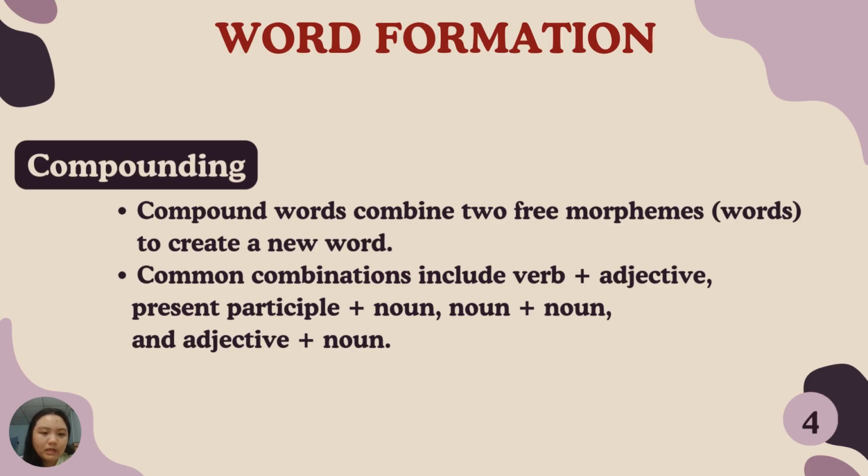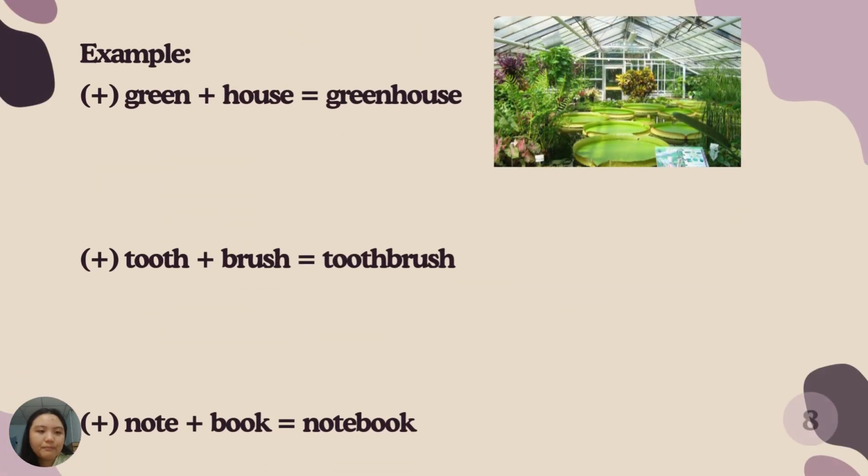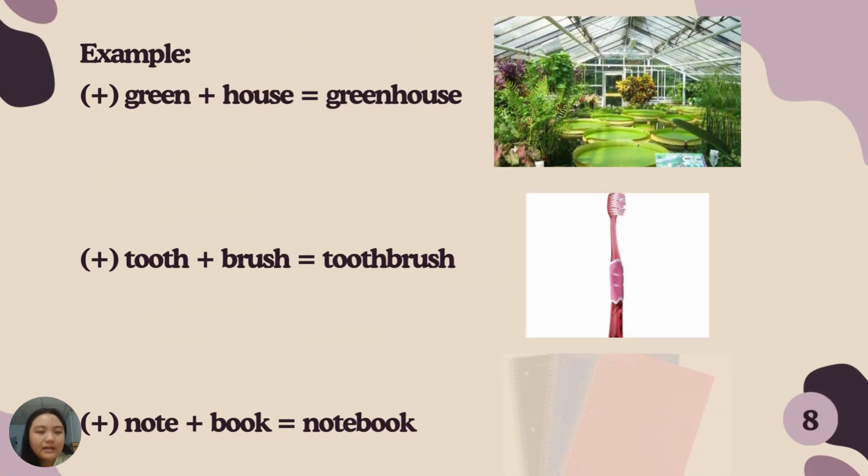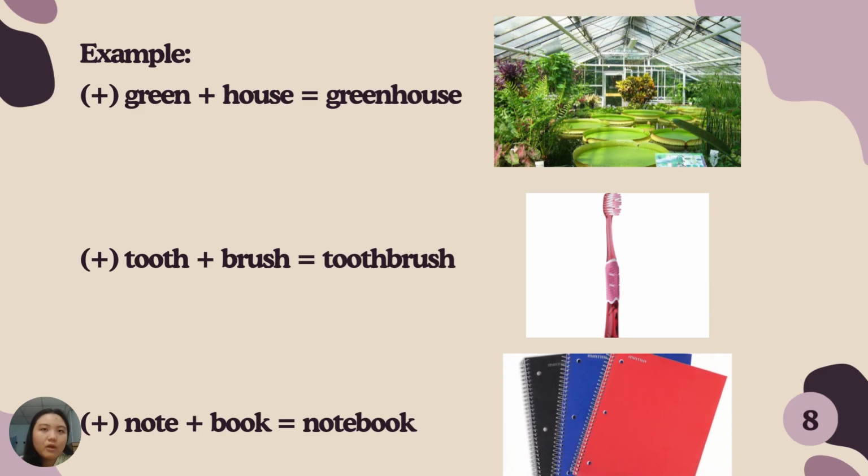I have some common combinations, including verb plus adjective, present participle plus noun, noun plus noun, and adjective plus noun. For example, green is an adjective, and if we combine it with the free morpheme house, a noun, we get a new word, greenhouse.